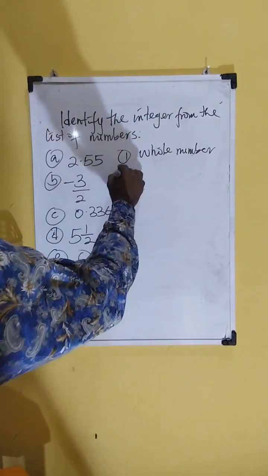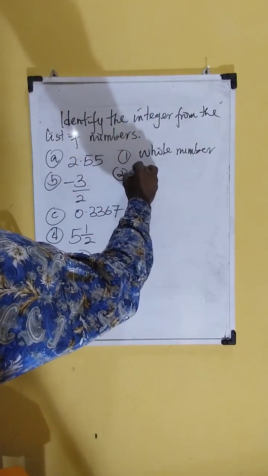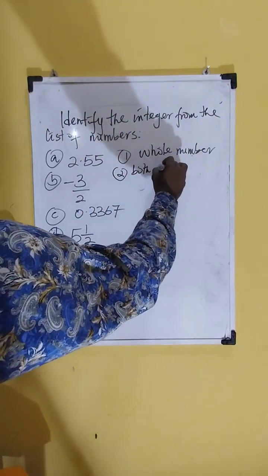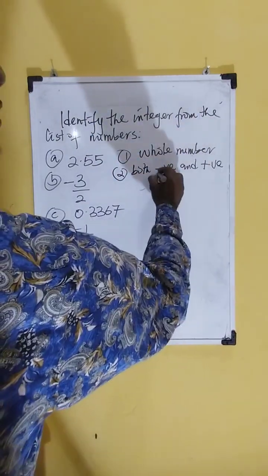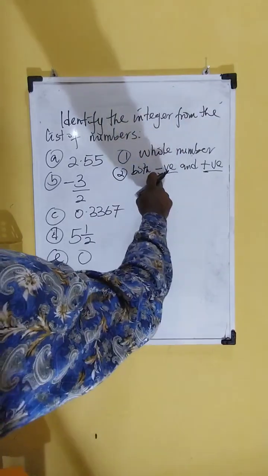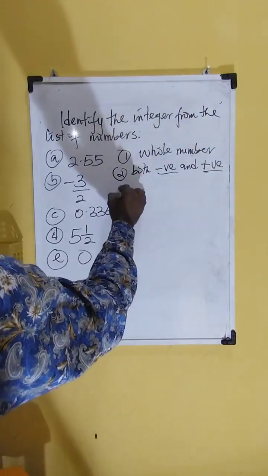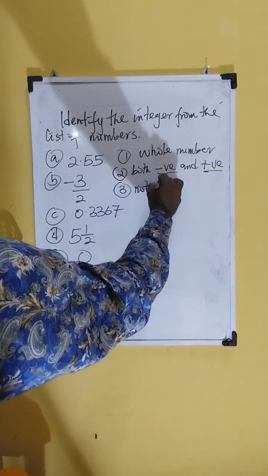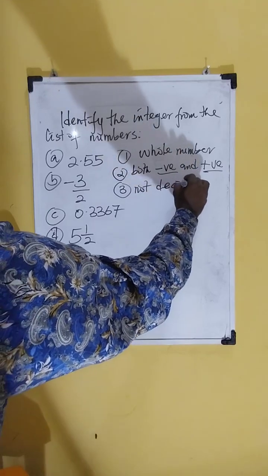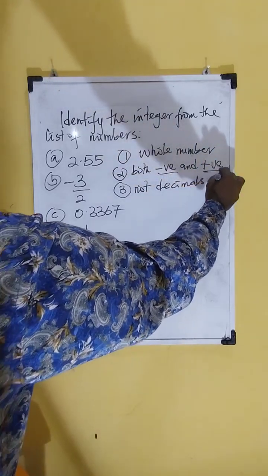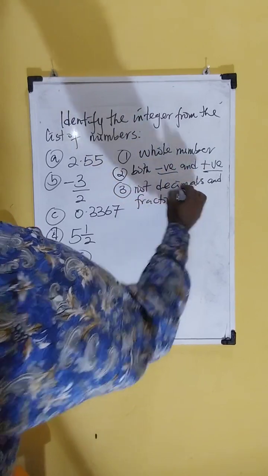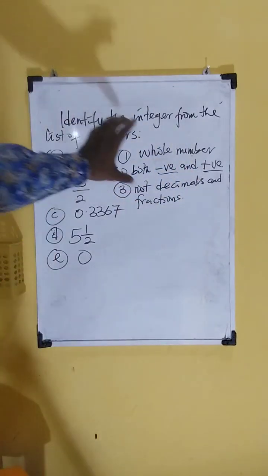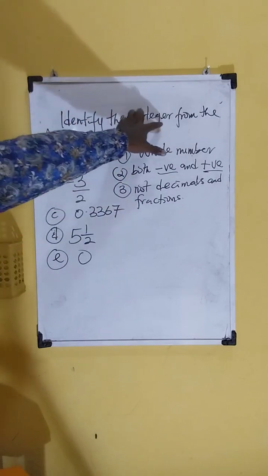That's the first point. Second point, they are both negative and positive. Negative, positive is short form. And they are not decimals and fractions. Did you get that now? So these are the 3 points you need to note concerning integers.